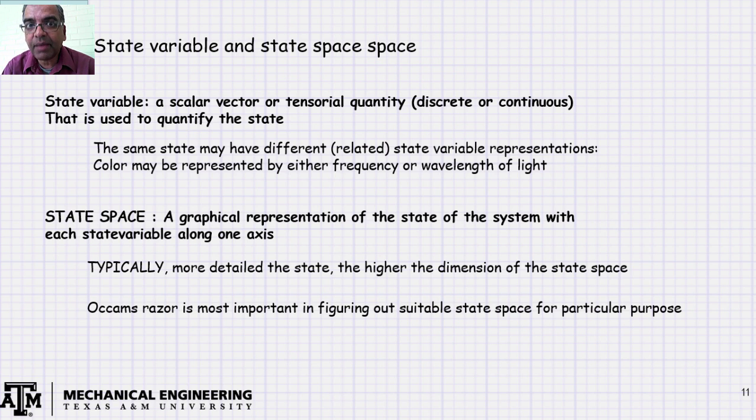They have the same amount of information but in different ways. So your choice of state variable actually tells you how you are going to quantify this thing. So for example, if you think about hotness, the classic thing is centigrade or Fahrenheit or absolute temperature, Kelvin. All of them are related but different ways of quantification.